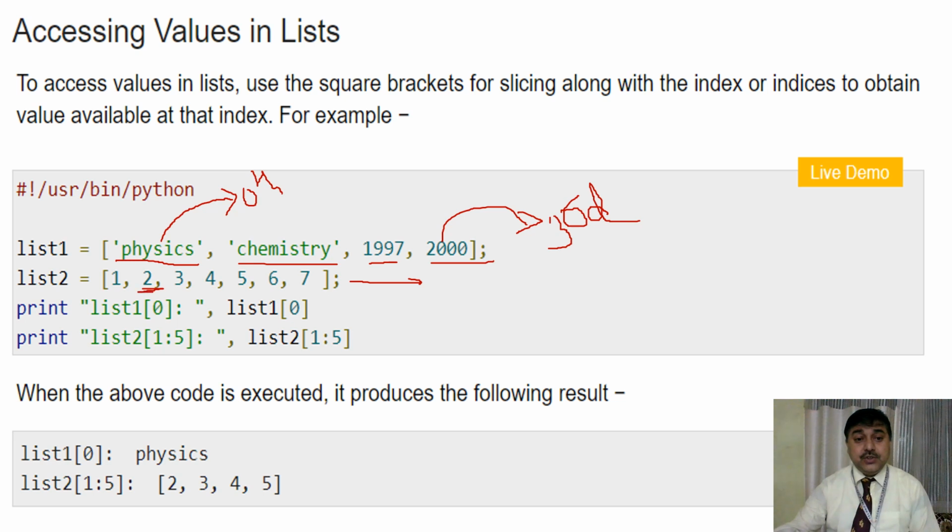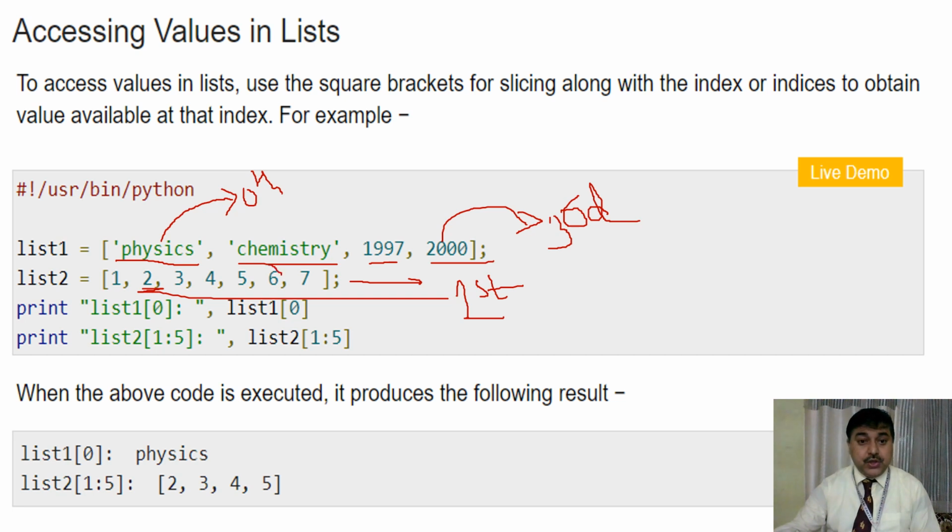This is the first position. And then which is the 5th position? It is up to the 5th position. When you say 5th, it will go up to before the 5th. So this is 1, this is 2, this is 3, this is the 4th, this is the 5th position.